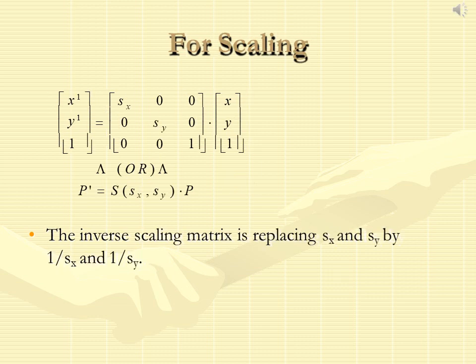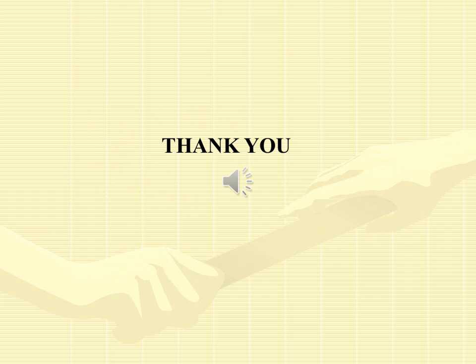For scaling, the matrix is there, and using this matrix we can calculate the scaling. P dash is equal to S of sx comma sy into P. The inverse scaling matrix is obtained by replacing sx and sy with their reciprocals. Thank you.